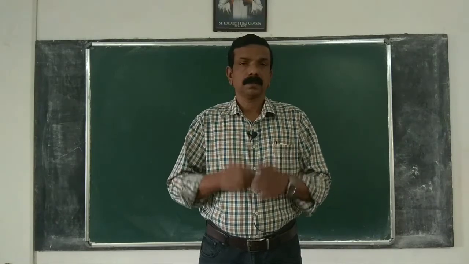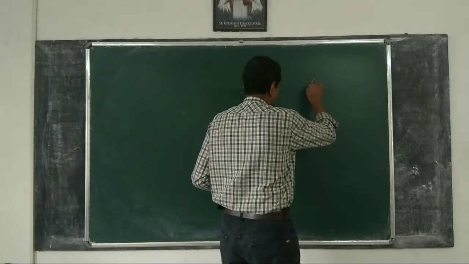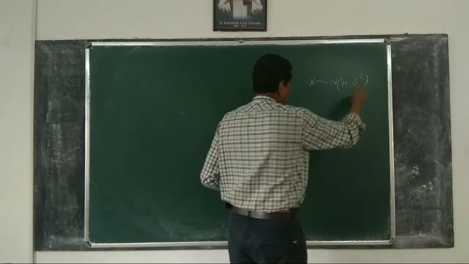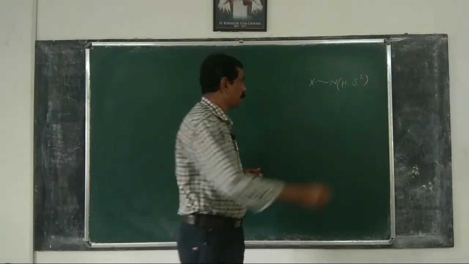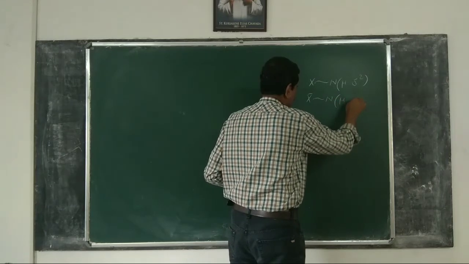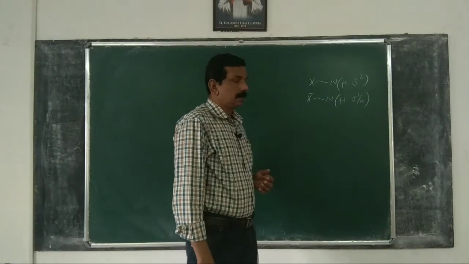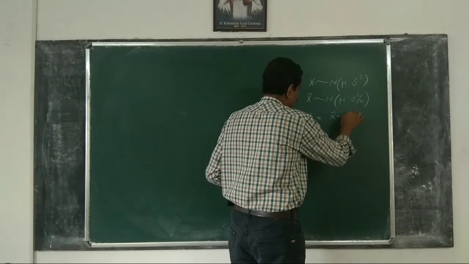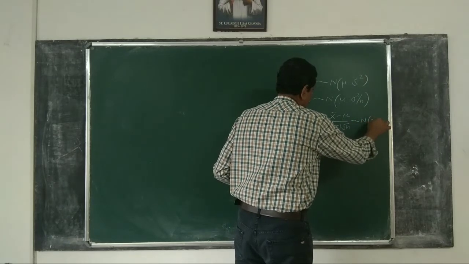The procedure was based on the assumption that the variable under consideration is normally distributed with the mean mu and variance sigma square, so that x bar is normal with the mean mu and variance sigma square by n, so that Z is equal to x bar minus mu by sigma by root n is standard normal.